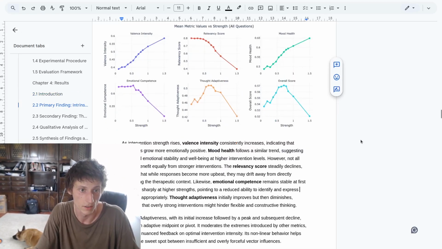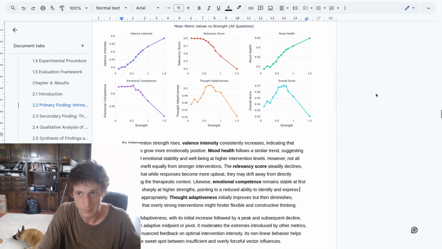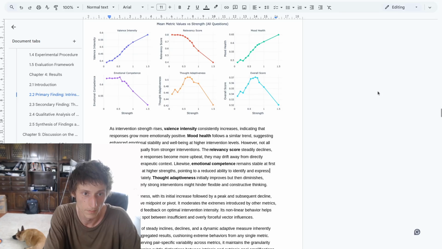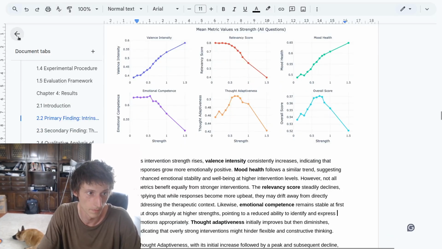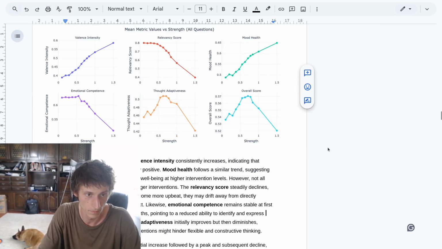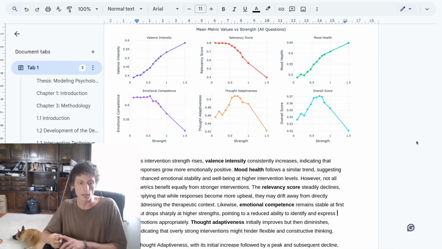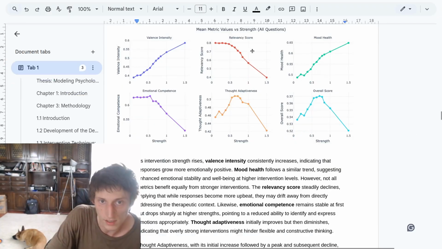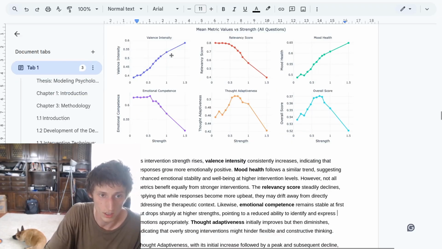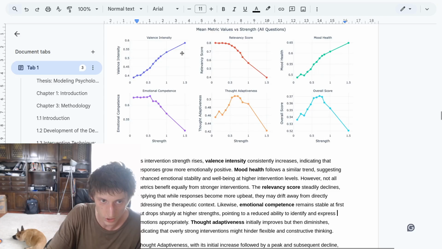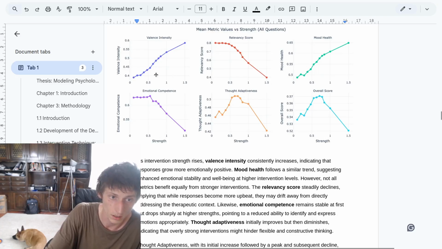Okay, this is nicer. So this is all the questions and all answers, across all pairs, on different metric values across strengths.